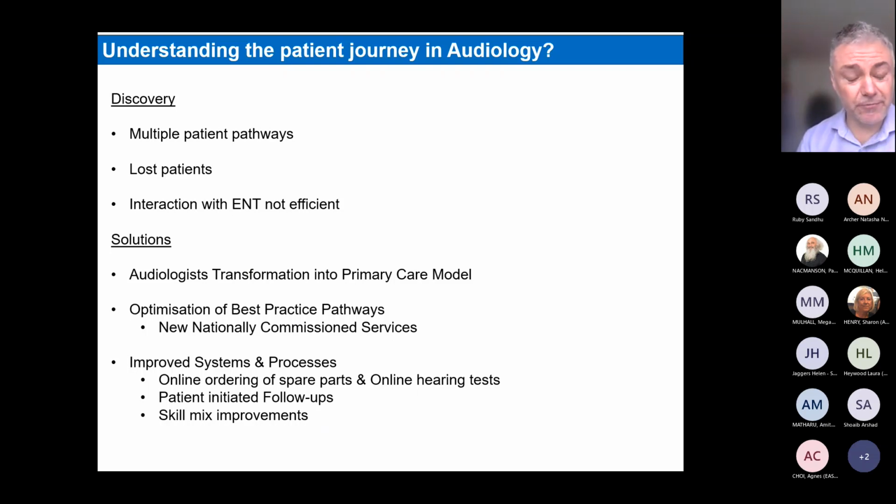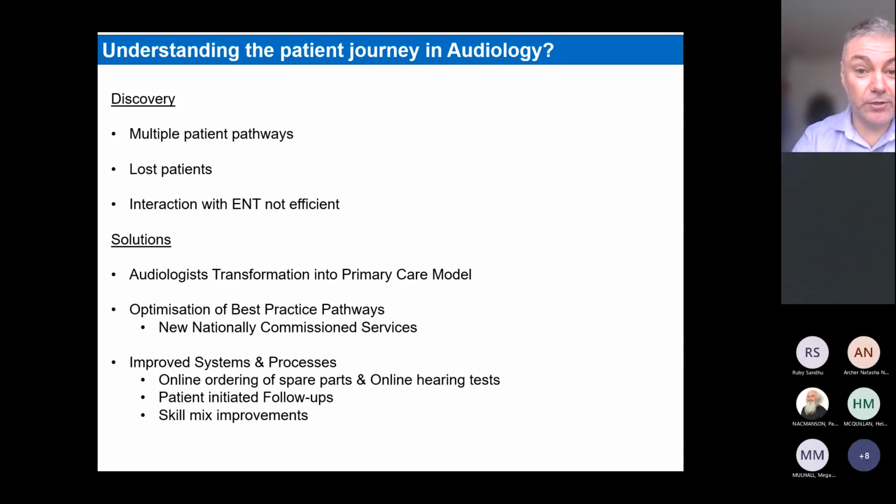So some of the solutions that we've worked up with the service are to work on a primary care model, so putting audiologists into primary care, so they don't have to come into our Rope Walk House site, which is right in the centre of town.